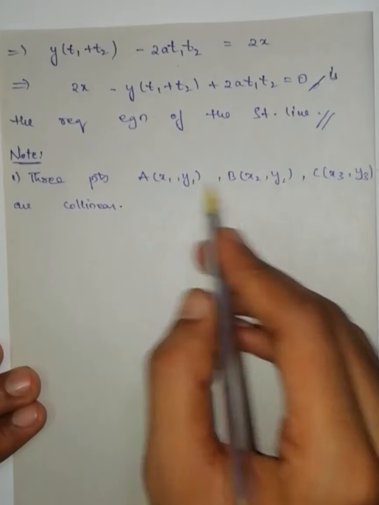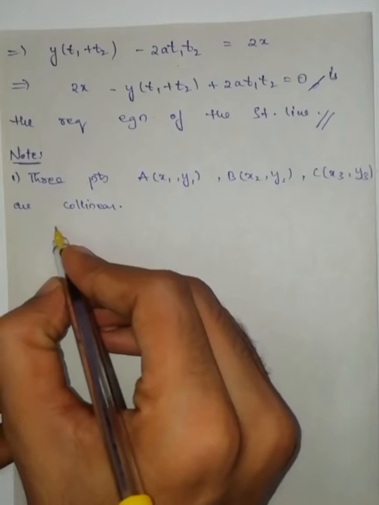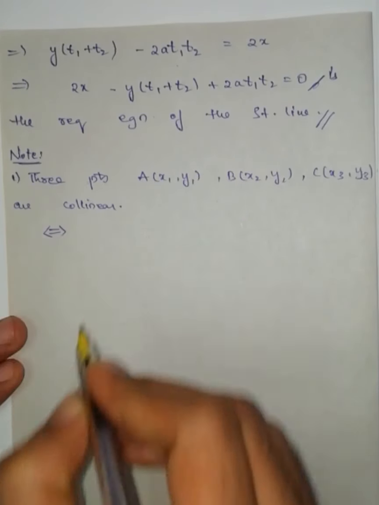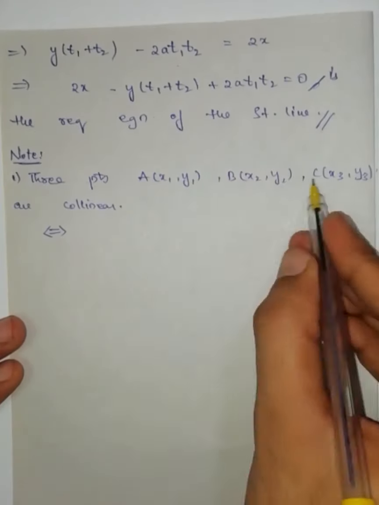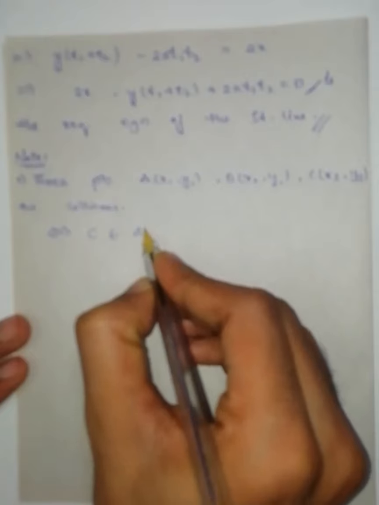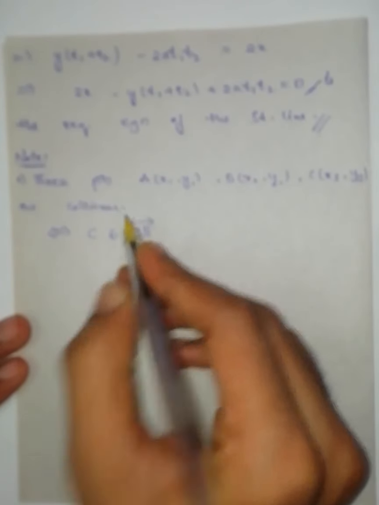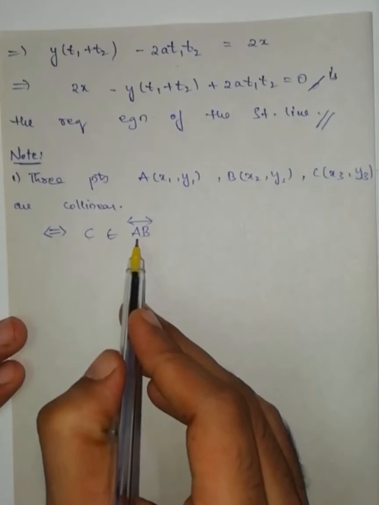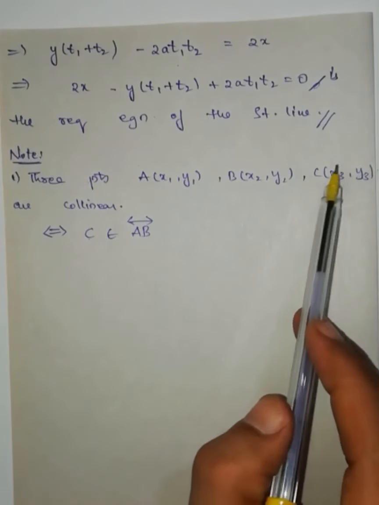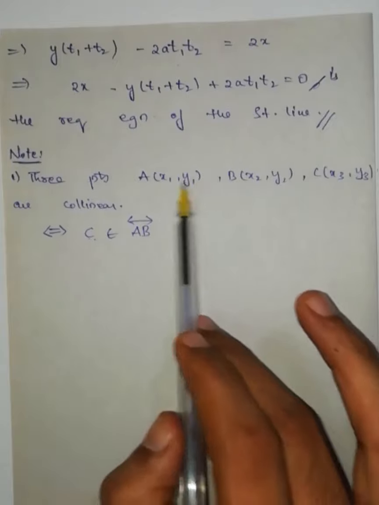3 points A, B and C are collinear if and only if any one point, let us take C, belongs to the line of the other 2 points. If you are taking B, here you should get AC. Means all the 3 should lie on one line. If you are taking C, then that point should lie on this line.